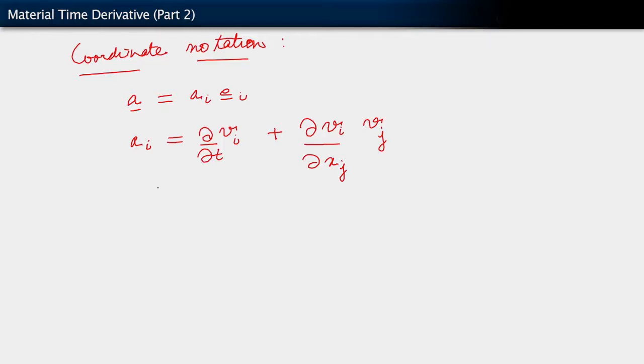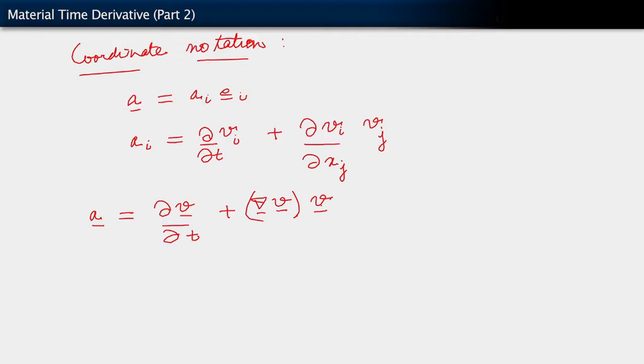When we write A equals partial of v with respect to time plus gradient of v, we recognize that what we have on the right hand side is indeed a time derivative.